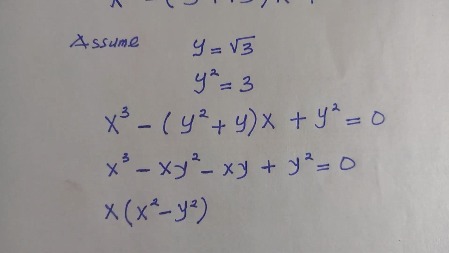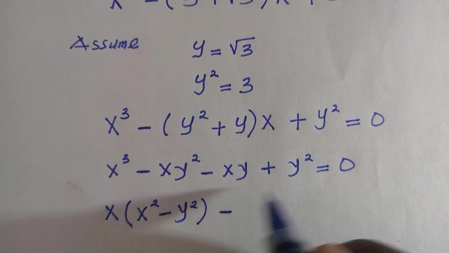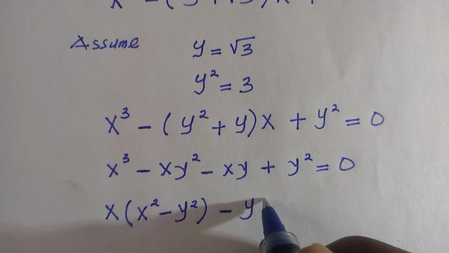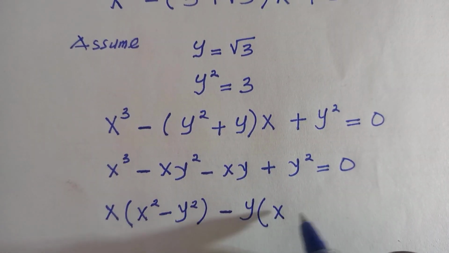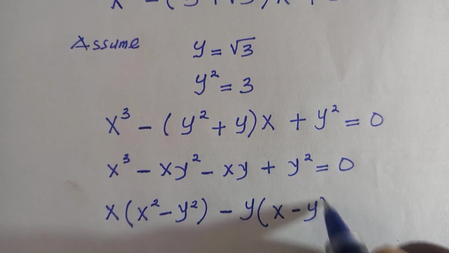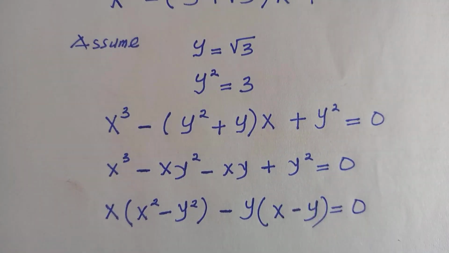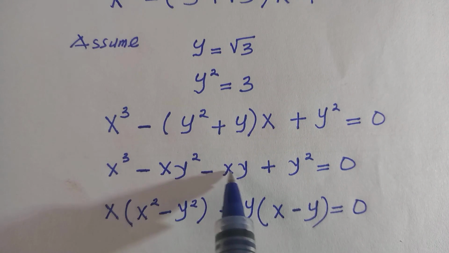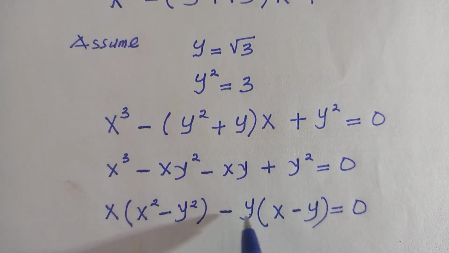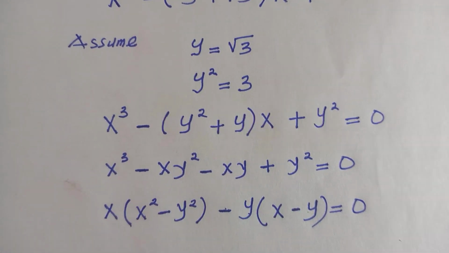And for this as well, if you take out y, we have this as x minus y, all equals to 0. The reason I change this to negative is if you multiply this negative through the bracket, you get the result above.